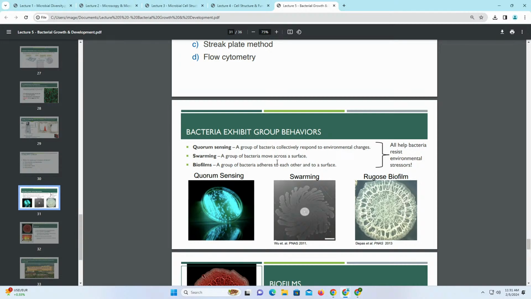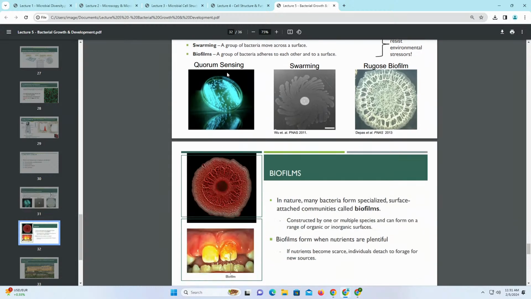Bacteria exhibit group behaviors, and biofilms really help them to resist environmental stressors. When you have a lot of them together, they are kind of a pack, and they adhere to each other and to other surfaces. Through this formation of a biofilm, they can come in many different forms and shapes.